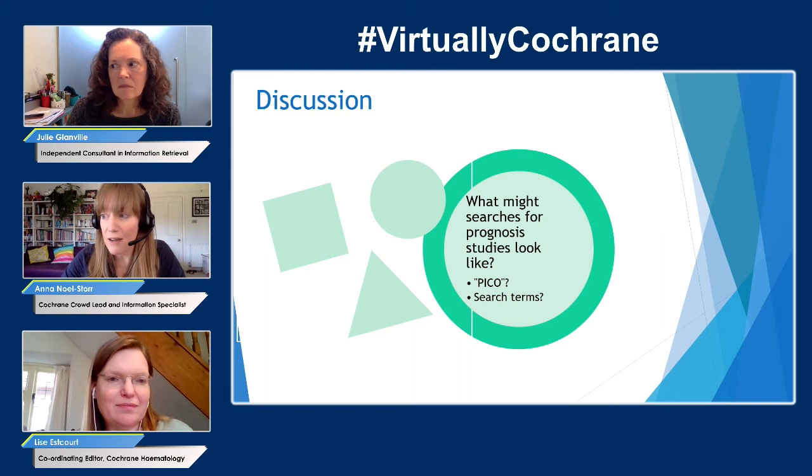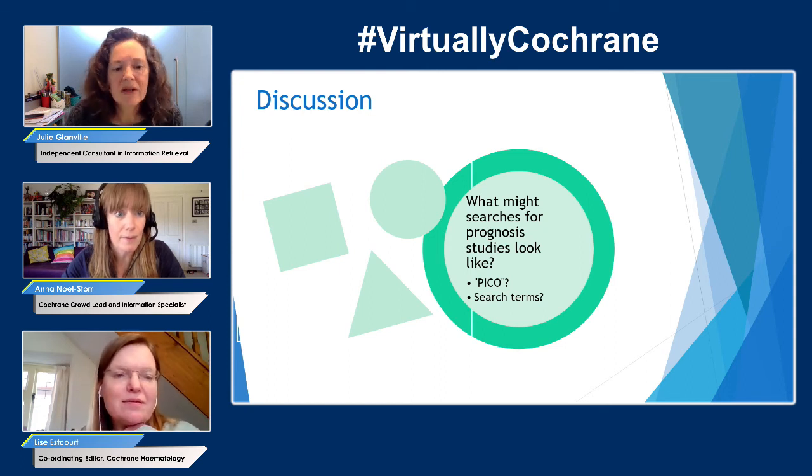And I try to include a search narrative with my search strategy to explain how I've got to where I've got to with the final search. And hopefully then for the peer reviewers, and again, I think that's a really important part of this, get it peer reviewed if you can. It just helps them to understand what you've tried, why you've tried it, and why you've ended up with the search that you have.